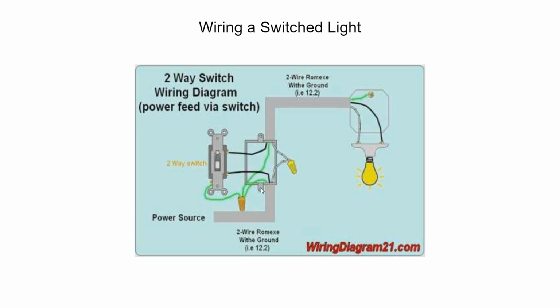So here, a switch. We have our hot. We're switching this on the hot side. So our switch, we come from our power source. We have our black wire that goes to our black brass screw right here that goes through the switch, depending on which way the switch is actuated. Then that continues on up to the light. The neutral, or the white wire, is just connected.